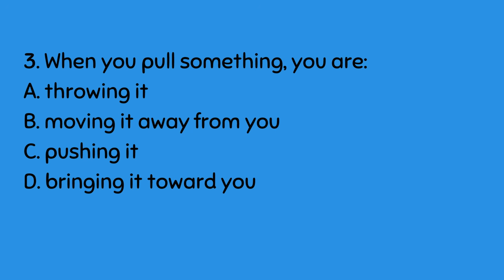When you pull something, you are A. Throwing it. B. Moving it away from you. C. Pushing it. D. Bringing it toward you. Answer is letter D. Bringing it toward you.